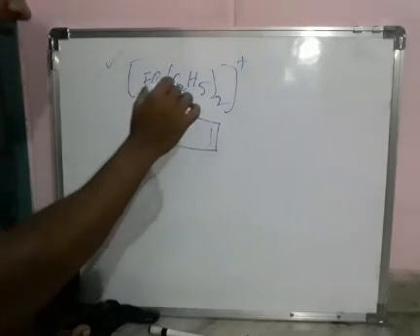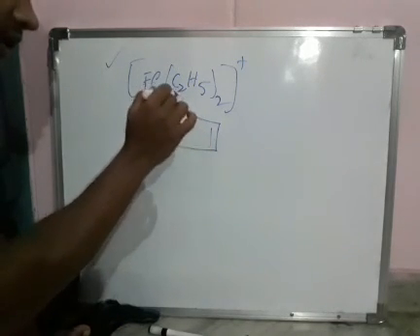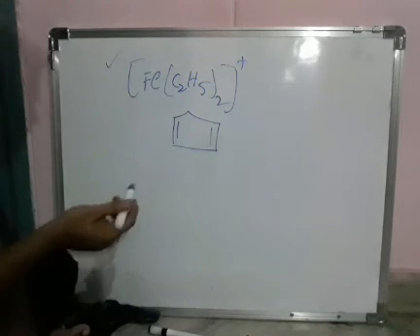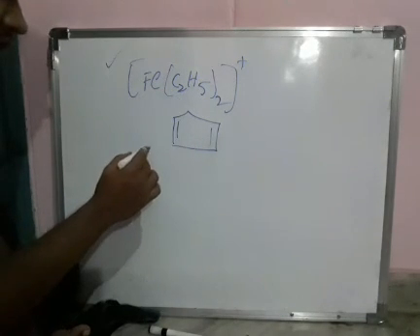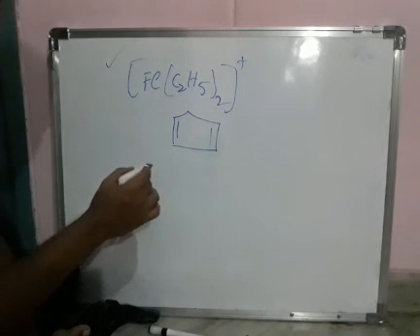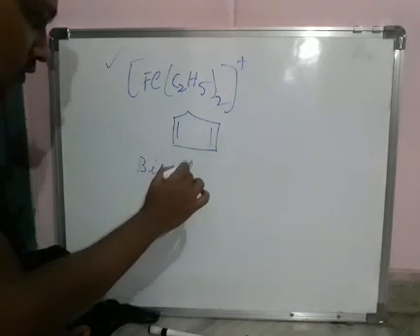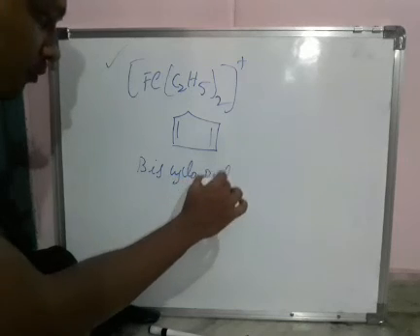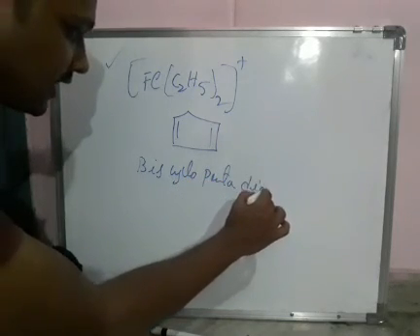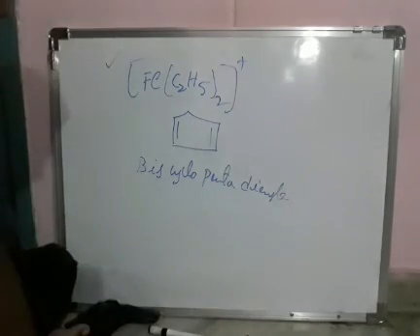In the ligand the number is repeated twice, so the ligand must be represented as bis in the prefix: bis(cyclopentadienyl).